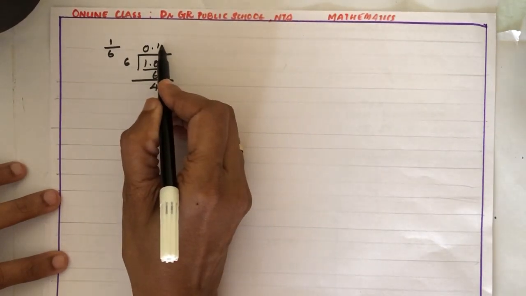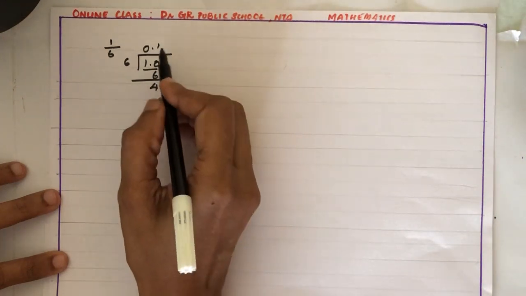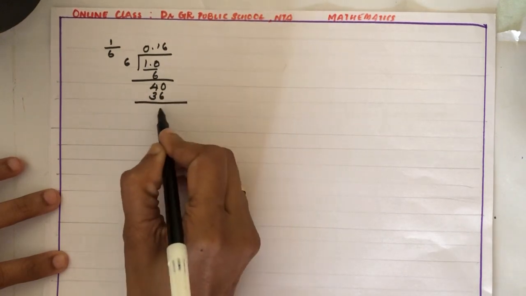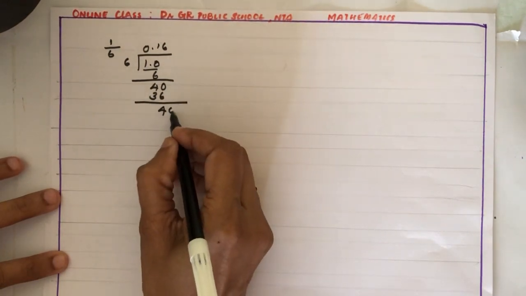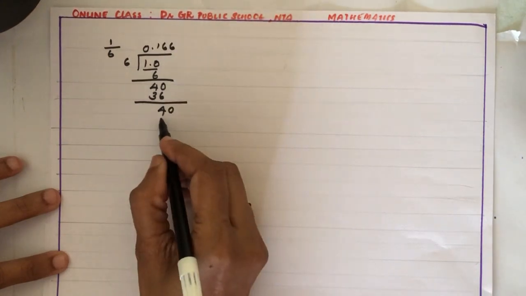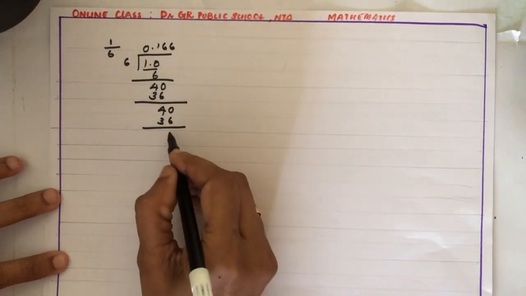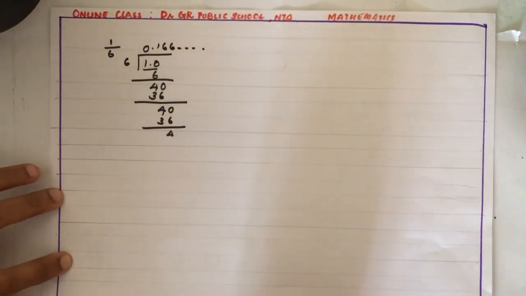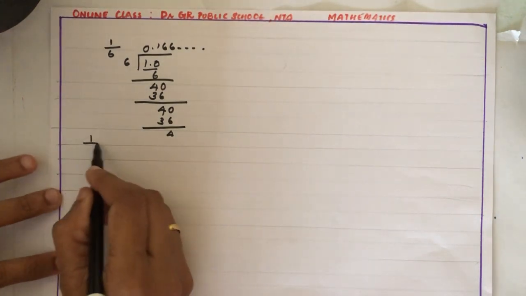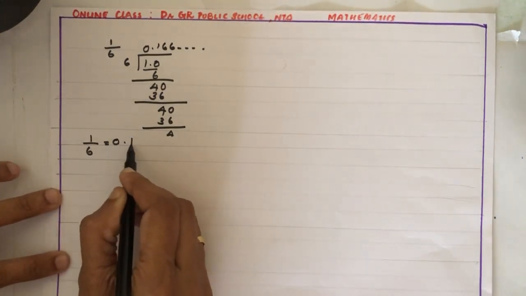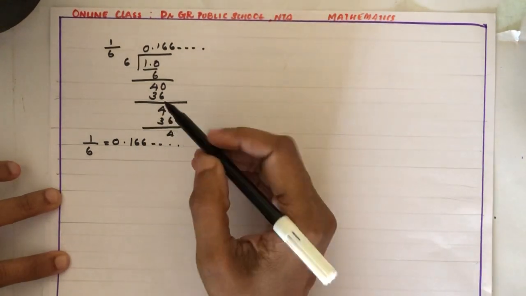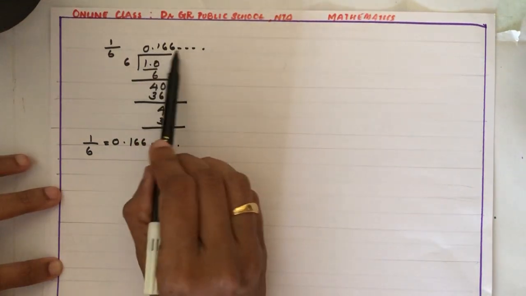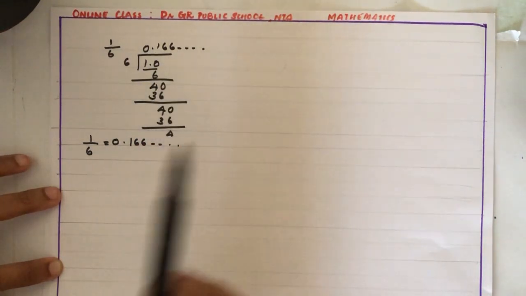Then how many times? 6 times 6 is 36, 4. Then again 0, again 6, 36, so again 4. It will continue like this, so here we will get 6 repeating. So 1 by 6 can be written as 0.166 etc. We are not able to finish the division, and in the quotient the digits are repeating.